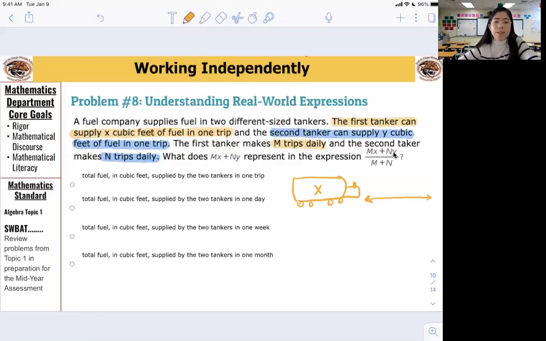What variable do we have? Oh, 1 trip. This 1 is the tricky part. Well, read carefully. It's saying that it can carry X fuel on 1 trip, but keep reading. How many trips does it actually make?